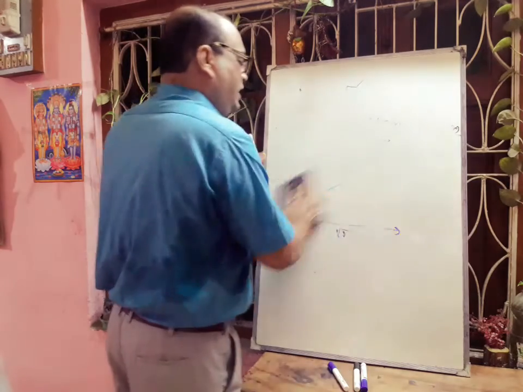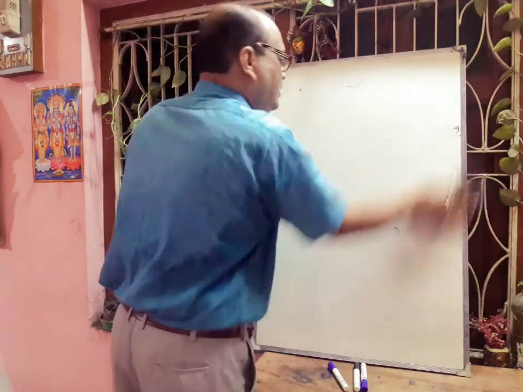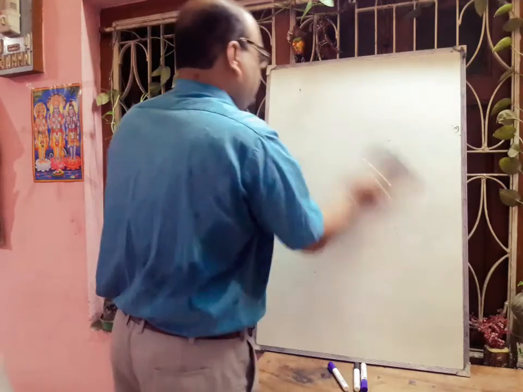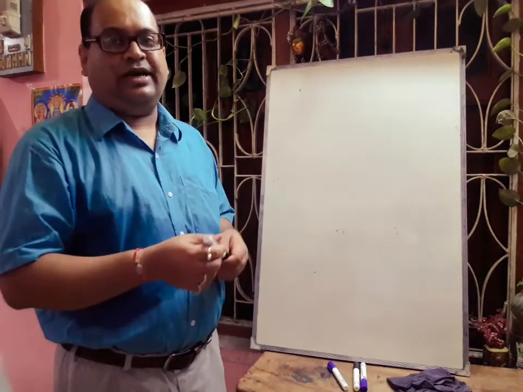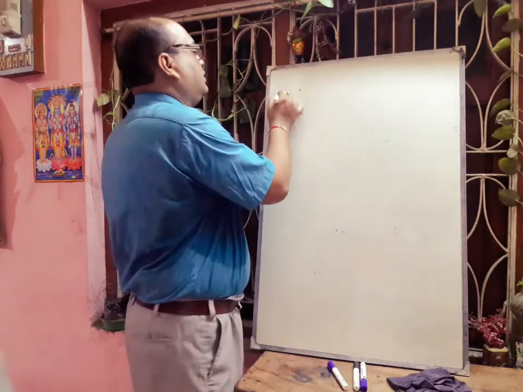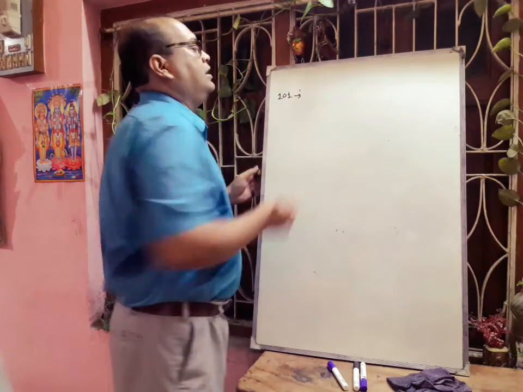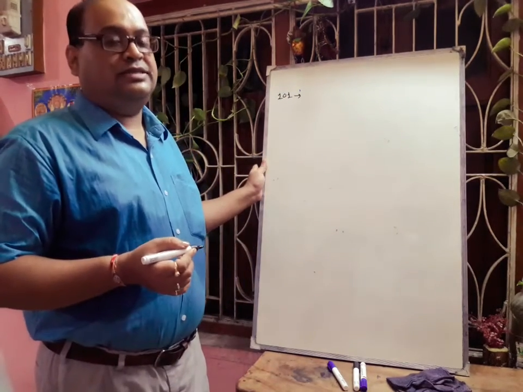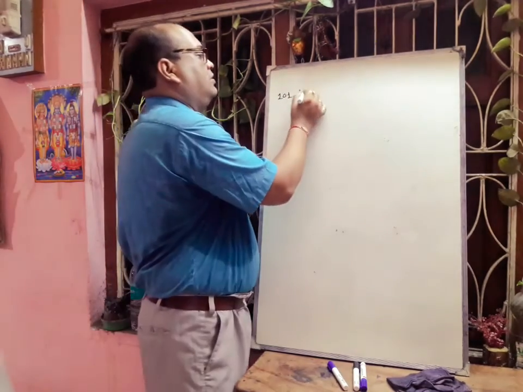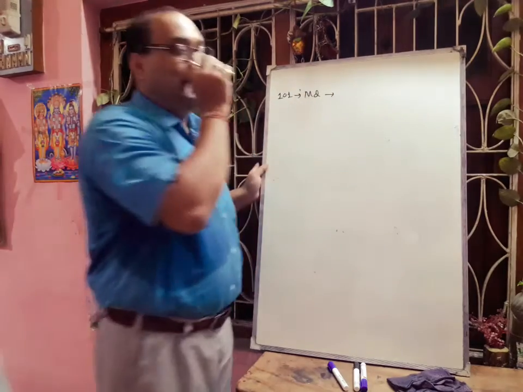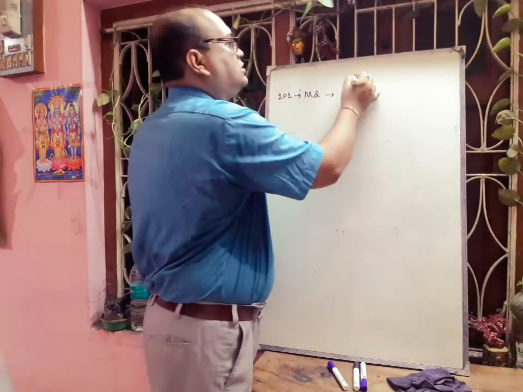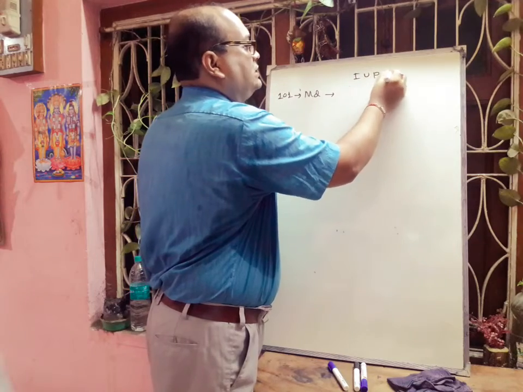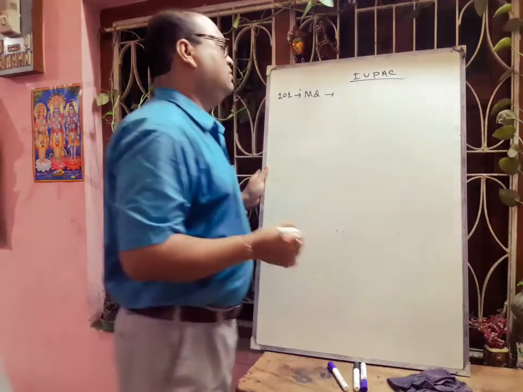Actually, elements from 101 to 118 are given names of scientists. So 101 has the symbol Md. Why Md? Because it is Mendelevium, and there are some rules to write the IUPAC nomenclature.